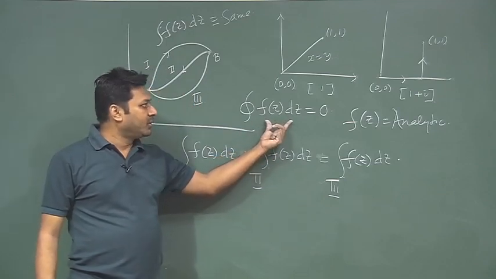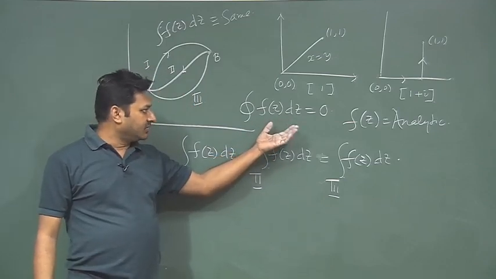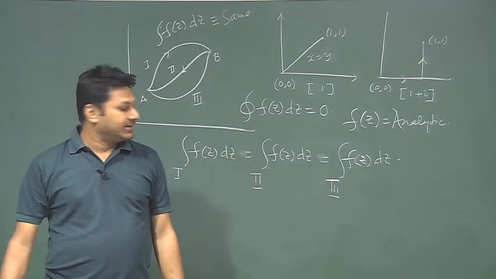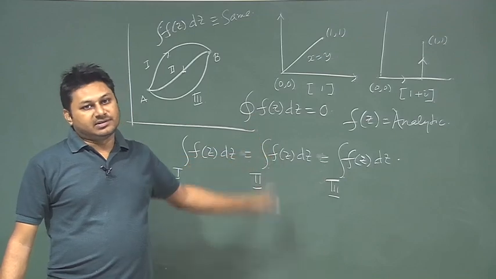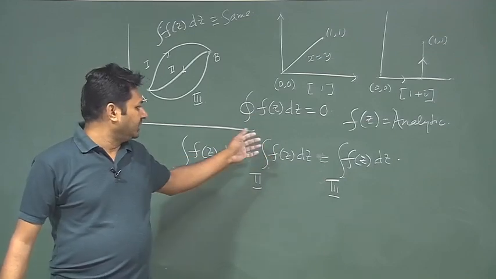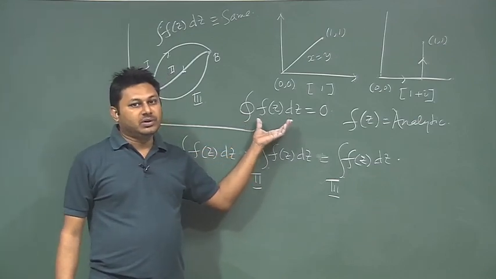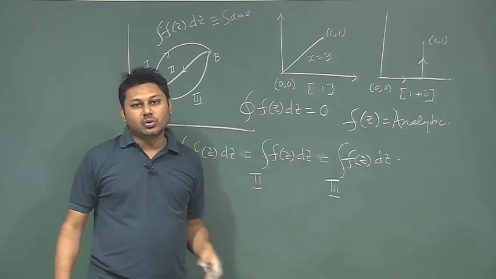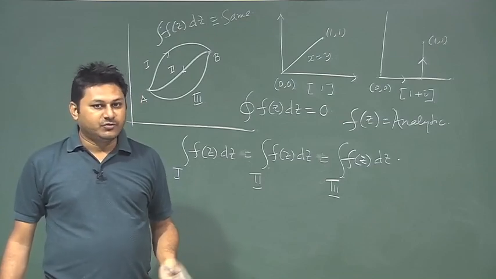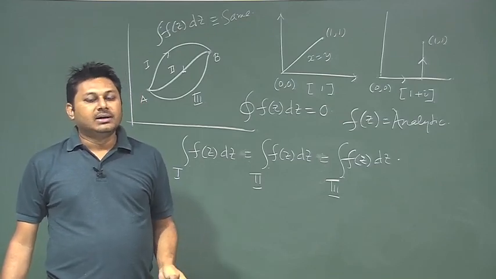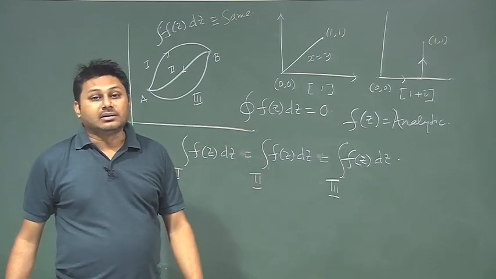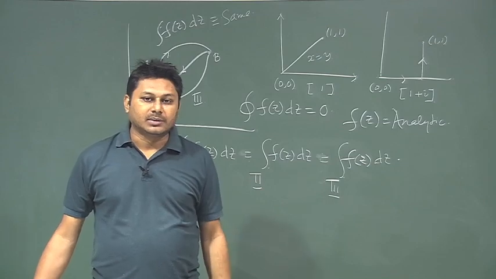In the next class we will explore more about this relationship and find more interesting things regarding it, which is generally called the Cauchy-Goursat theorem. We will try to understand in detail and prove it in a different way, how this works, and how it can be useful to calculate some integrals.